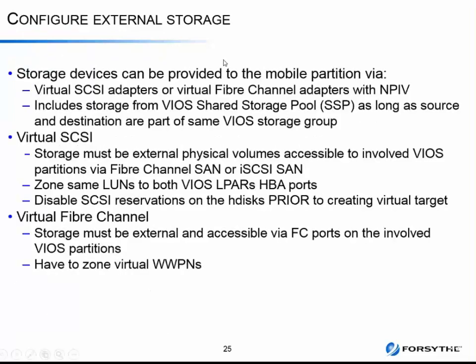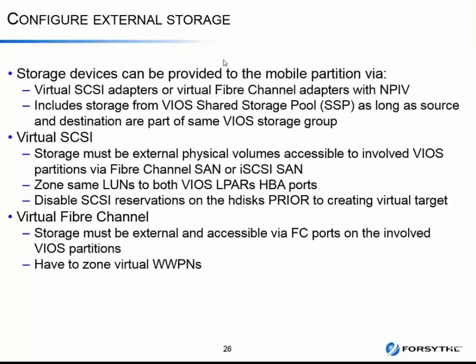So in terms of configuring the external storage, and I've already touched on this, we can use vSCSI or NPIV, which means you can use shared storage pools as long as the source and destination servers are part of the same VIO server storage group. So if you're using shared storage pools, as long as both of them can see the same storage pools and are part of that group, then you can use LPM with LPARs that are using shared storage pools.